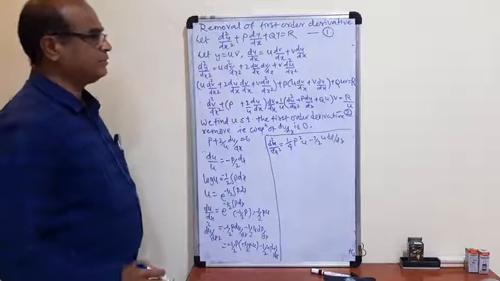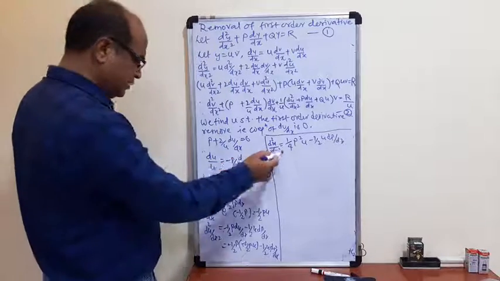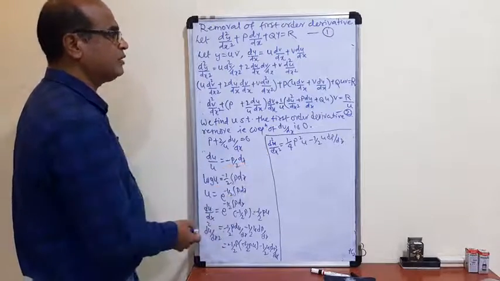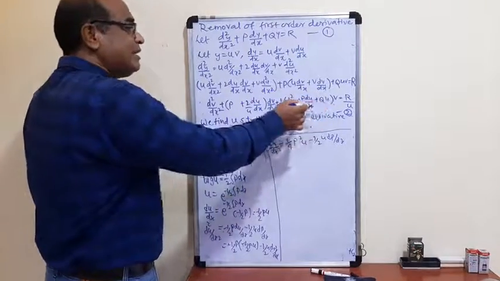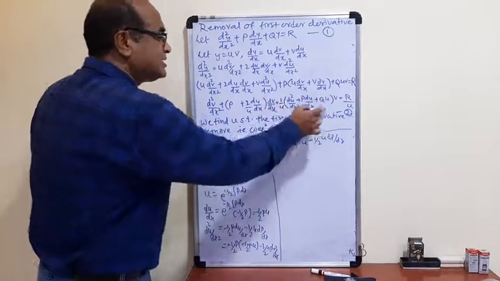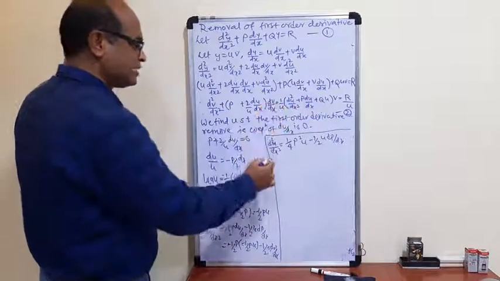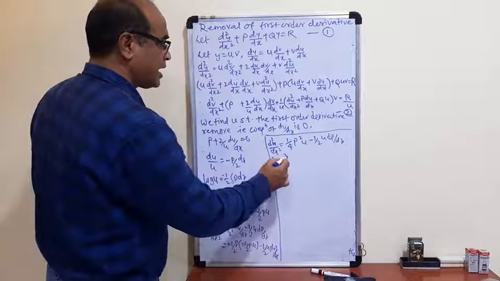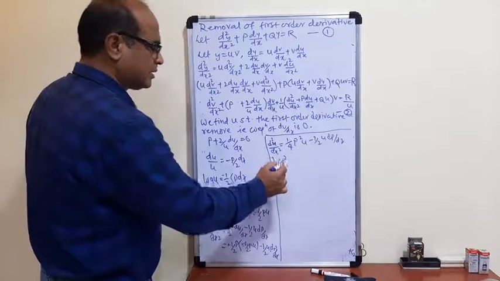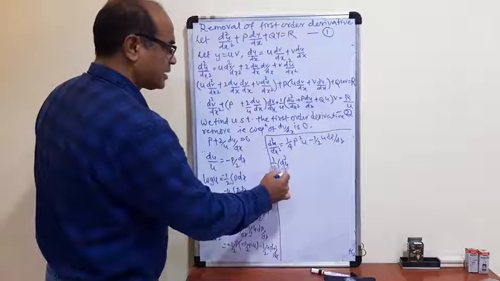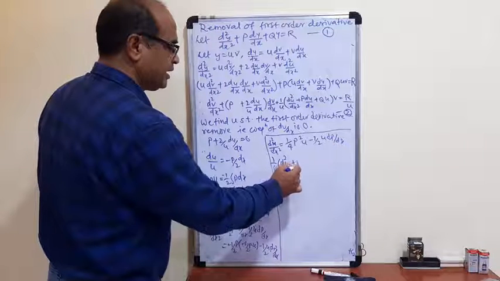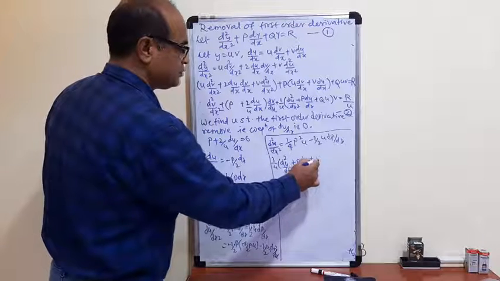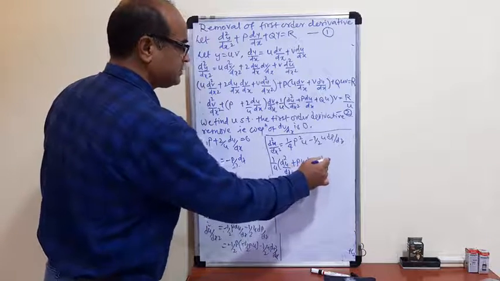With this value, and this value, putting those values in equation 2, this becomes 1 upon u into d2u by dx square plus p du by dx plus qu is equal to r.